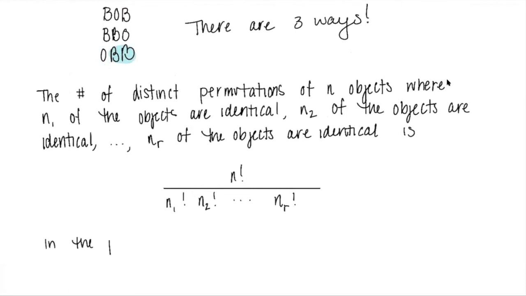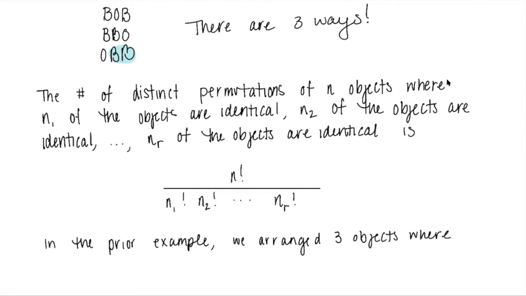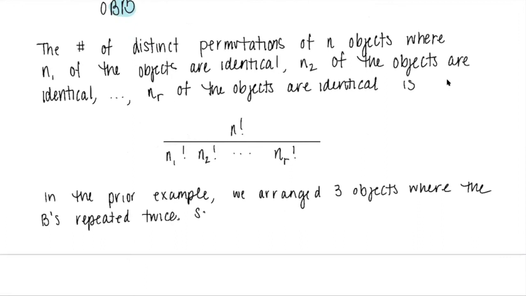Like this last example, I had 3 objects, and this object repeated twice. So in the prior example, we arranged 3 objects where the B's repeated twice. So we have 3 factorial, 1 object repeated 2 times, so I divide by 2 factorial.